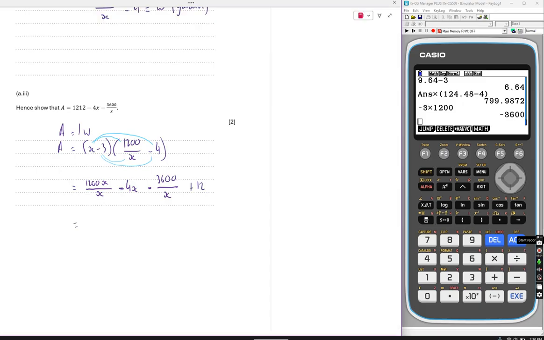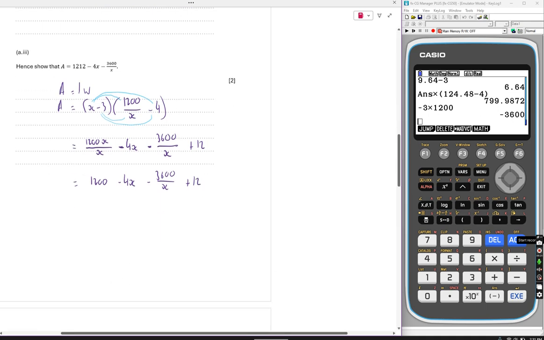Okay, let's simplify. So 1200x divided by x is just going to be 1200. Minus 4x, we can just leave as minus 4x. Negative 3600 over x, well, there's nothing we can simplify, and then plus 12.